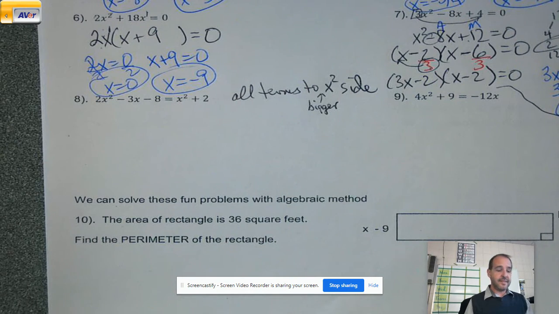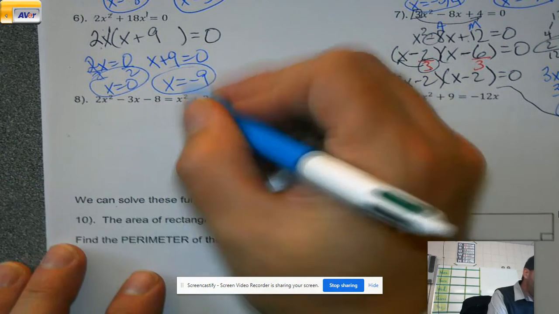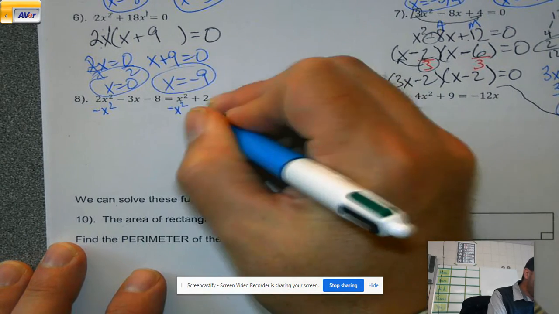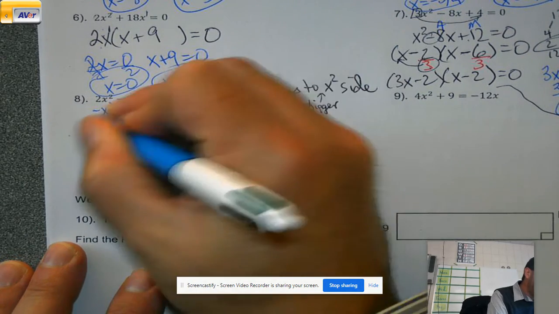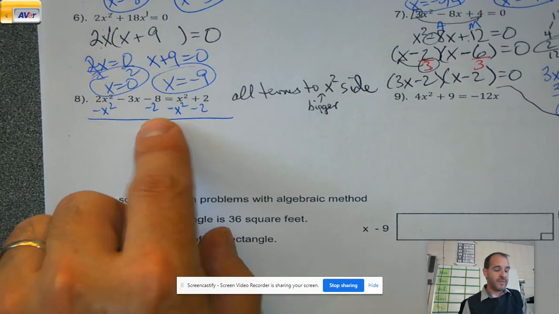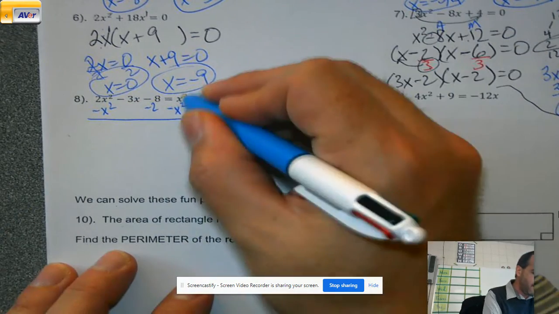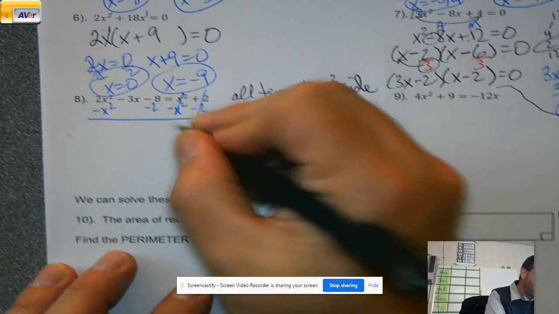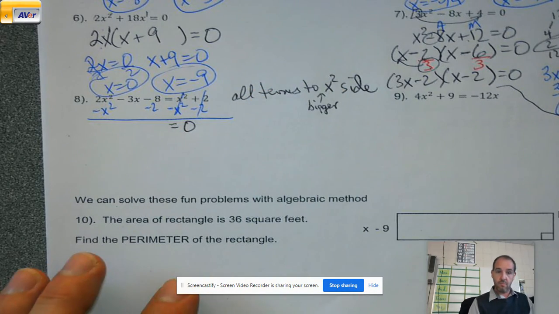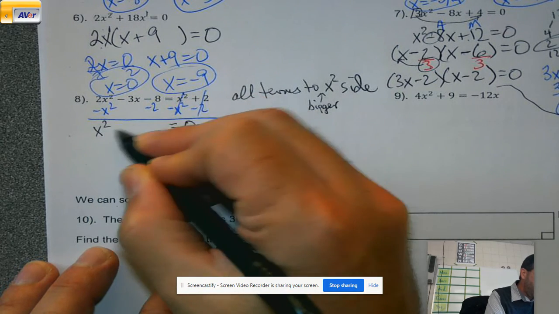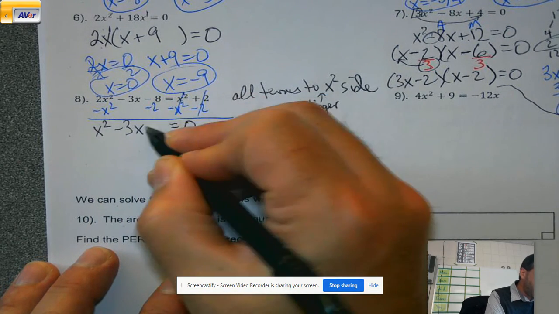So in this instance, since 2x squared is my biggest one, I'm going to do opposites of everything else that's over here. And be careful that you're lining up like terms. I don't want to line up minus 2 under minus 3x. They're not like terms. And it doesn't mean the side disappears. It just means it's equal 0. So 2 minus 1 is 1x squared minus 3x minus 10.